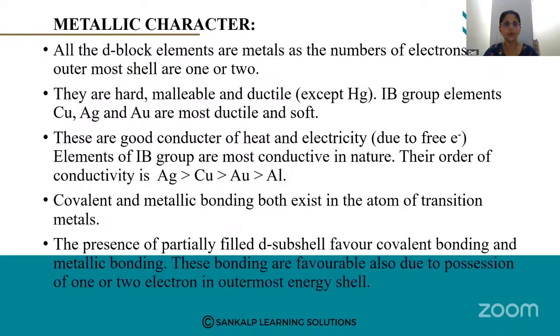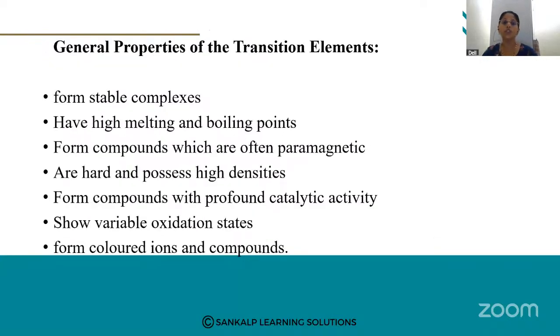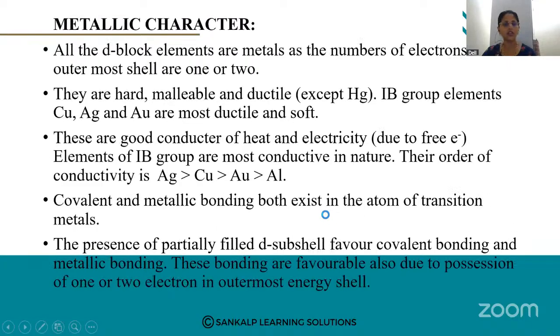General properties of transition elements we have discussed: they form stable complexes, have high melting and boiling points, form compounds which are often paramagnetic, they are hard, they possess high densities, they form compounds with profound catalytic activity, they show variable oxidation states, and they form colored ions. So these are all the things we have discussed.